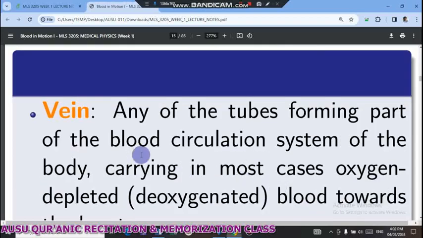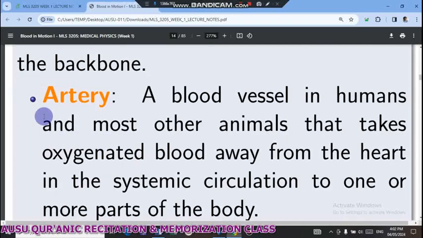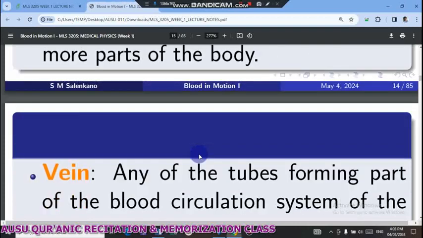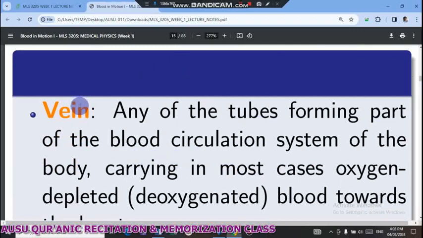And then you have the vein. This one, after the blood is treated with oxygen, let's say the tube that carries the blood to all parts of the body. Blood with oxygen. That is why they say that takes oxygenated blood. Now, after the body part uses the oxygen, and the blood has no oxygen now, it flows through the vein.